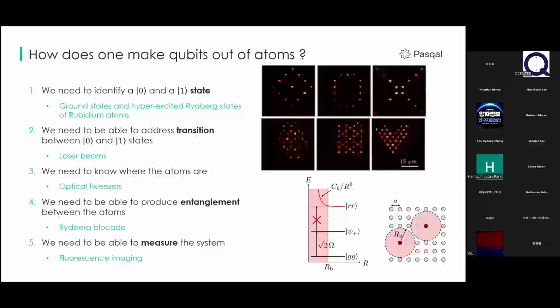In the case of Pasqal in particular, we have chosen to use a rubidium atom, or a specific isotope of rubidium. Rubidium is a light metal that has a single electron in its very outer electron layer. It has been one of the few atoms used in modern optics experiments for almost 4 decades now, since the 80s, to carry out different atomic experiments.